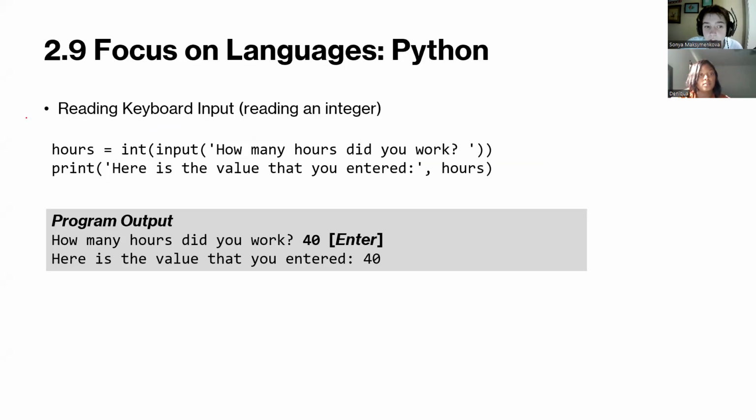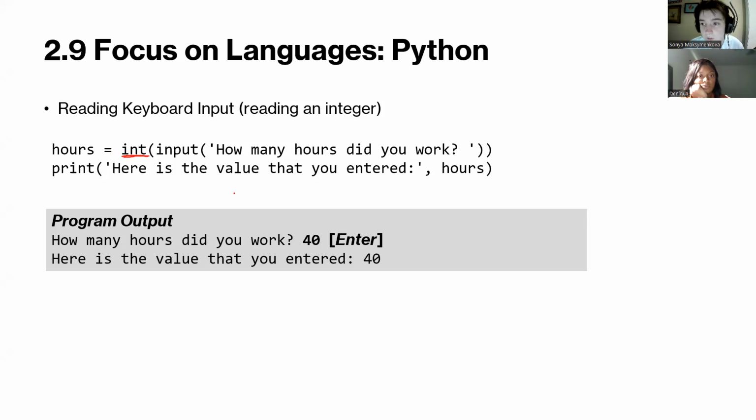Reading an integer is the same thing, but with integers or anything else other than a string, we have to put the data type in front. For integer, it's int. If you would like your user to put in a number, you have to tell the computer that the user is putting in a number, because by default, it's just a string.